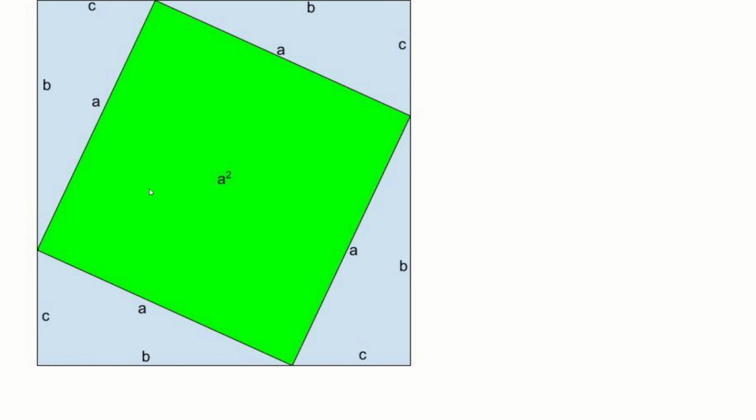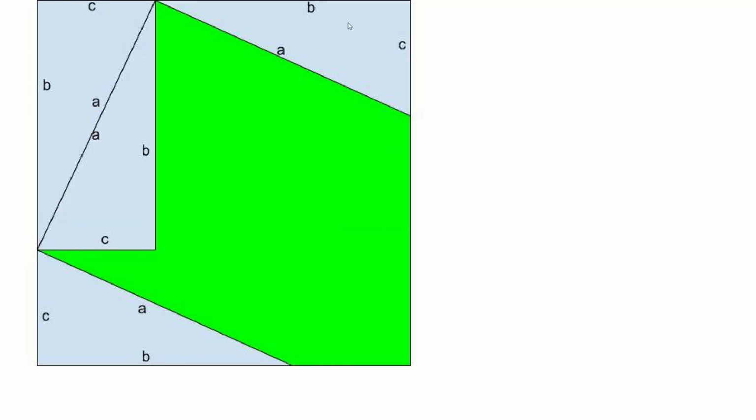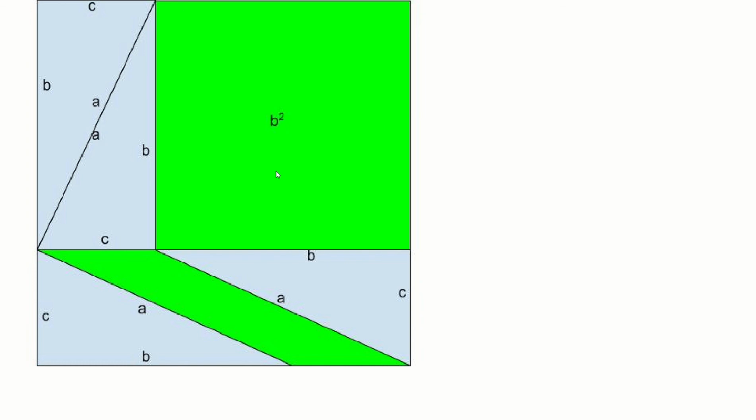Now I need to use the same area, the same square, to split it in the two squares. I will start by sliding this triangle diagonally here, so I did it, and then this one down, and now I have a green area that is b squared.